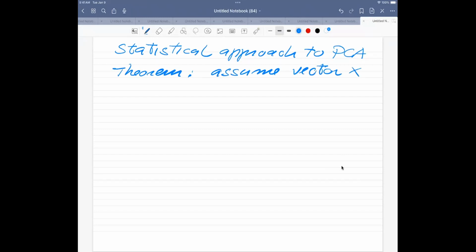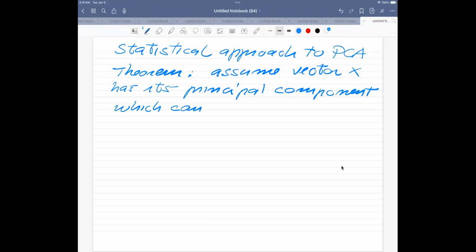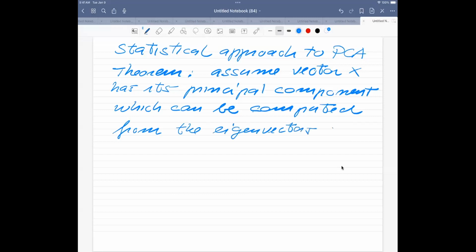Vector x has its principal components, which can be computed from the eigenvectors of the correlation matrix, or the covariance matrix, computed from the eigenvectors of its covariance matrix.